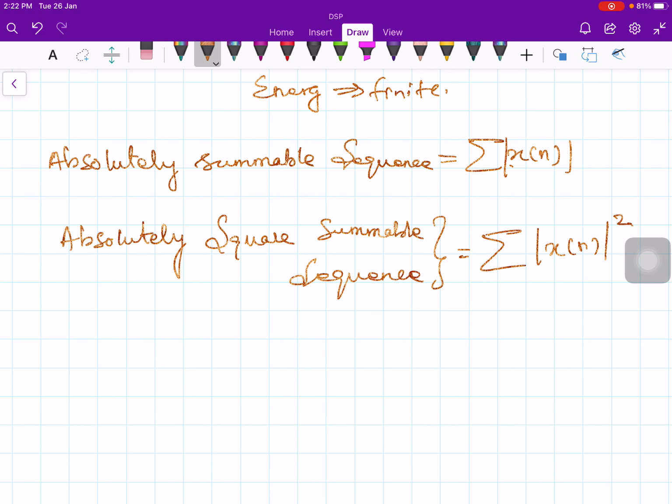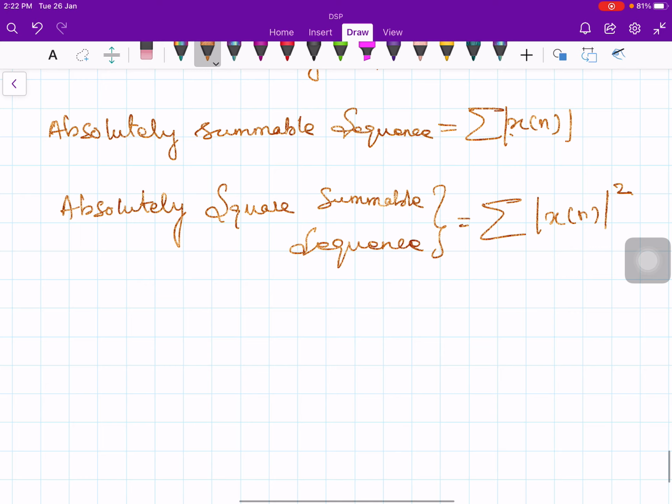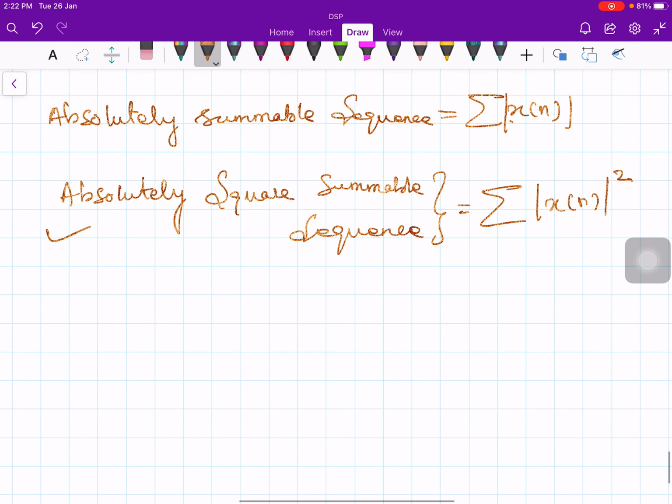But the converse is not true. In case the sequence is square summable, it doesn't mean that it is absolutely summable. This is true, but the converse is not true.